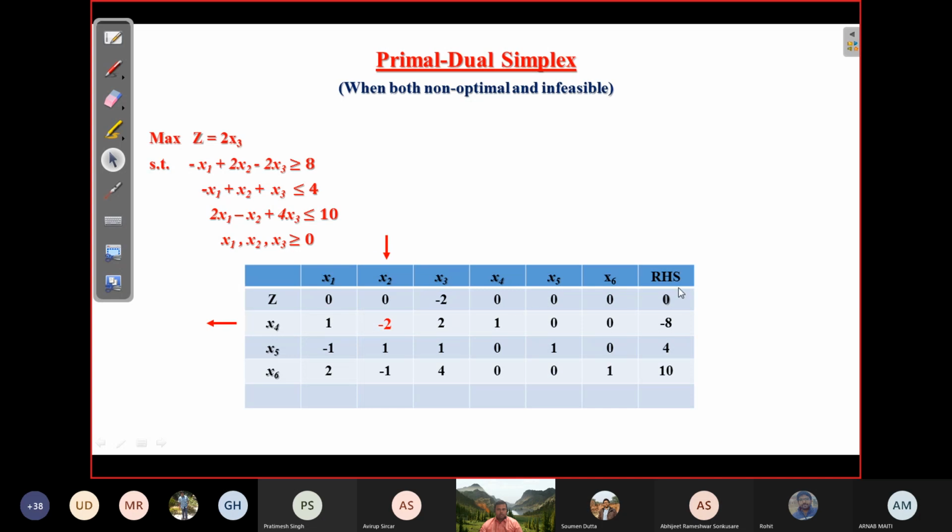When you write the first simplex table by multiplying the first constraint by -1, you get this table, which is an infeasible one, isn't it? Because you have -8 here, so this is infeasible.